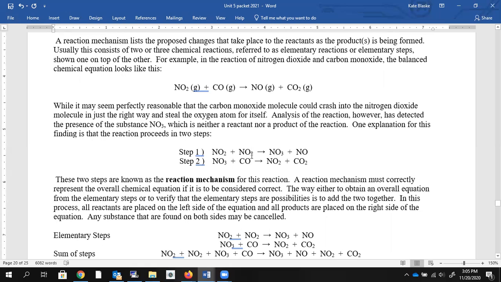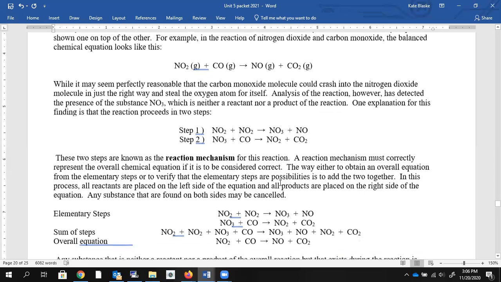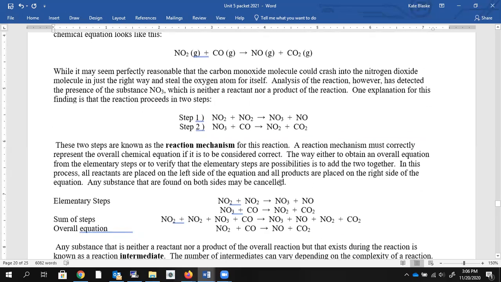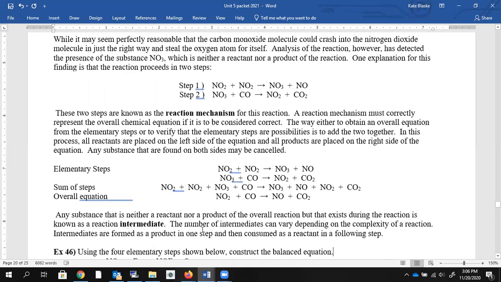We call these elementary steps, meaning that is the only thing going on in that step, and we combine these elementary steps to find the overall reaction. Again, there might be more than one pathway for these chemicals to form, so we might have more than one proposed reaction mechanism.